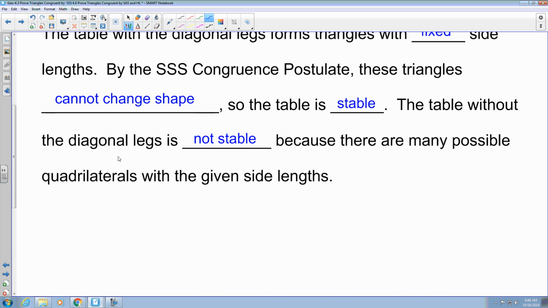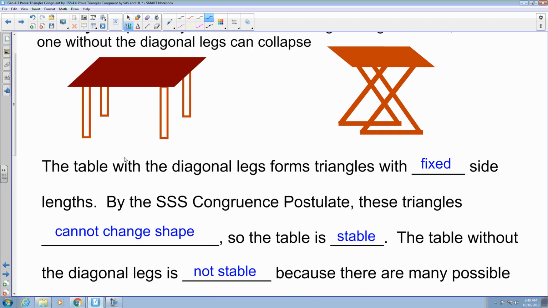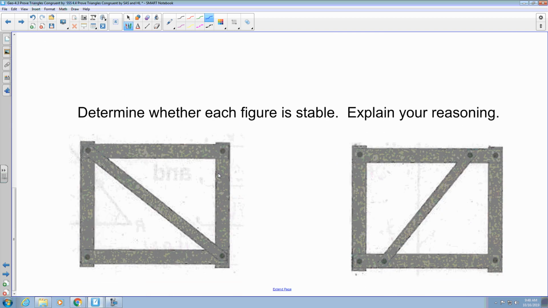Usually you need some kind of diagonal to reinforce any one of these shapes to make it stable. So if you look here, we do have two shapes, and they want you to determine which one is stable or not. The first one here, since its fixed points are here and here, you can't move it.